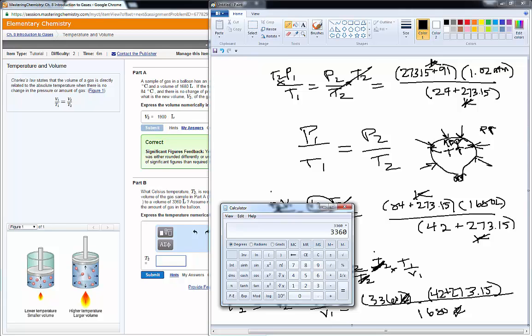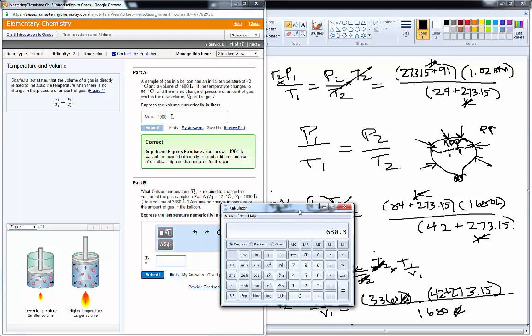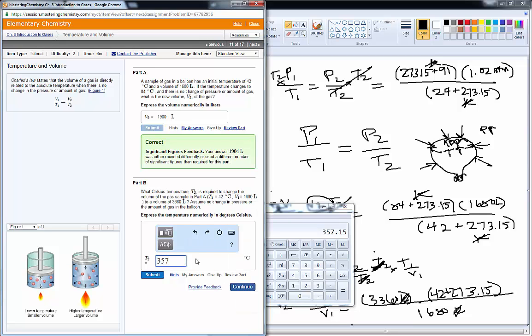3360 times 42 plus 273.15. That makes it Kelvin. Divide that by 1680. Gives me 630.3 Kelvin, but they want Celsius, so now we have to subtract 273.15 to get 357 Celsius.